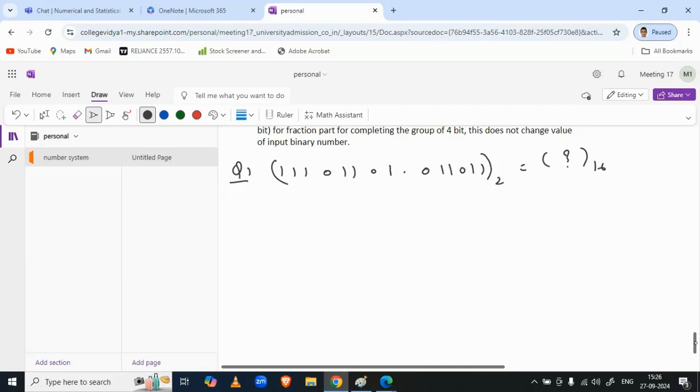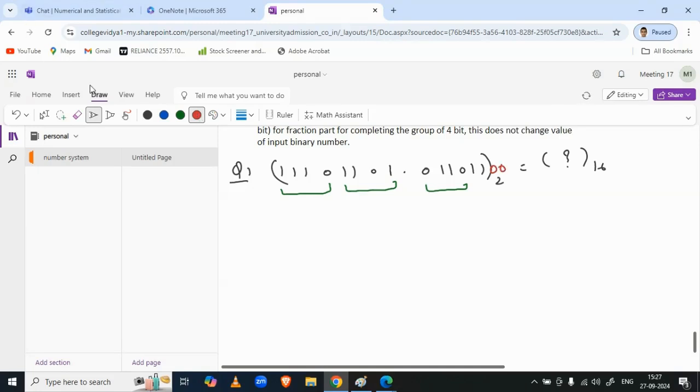For the integer part we will start from the right, and for the fractional part we will start from the left. Now we form groups of 4 bits: one group, and one, two, three, four, two groups. Then we move towards the fractional part, one group. Here two digits are left, so to make a group of 4 bits we have to add two zeros to complete this group.